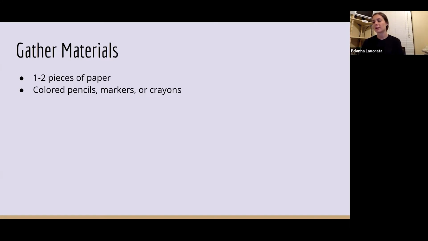If you don't have any of those writing tools, that's okay. Whatever you have available at home, okay? So you need 1 to 2 pieces of paper. I would get 2 just to be safe. And then you need some sort of coloring tool, like a colored pencil, marker, anything you want. So go ahead and pause this video and go gather those materials.